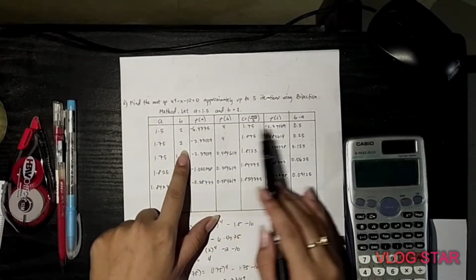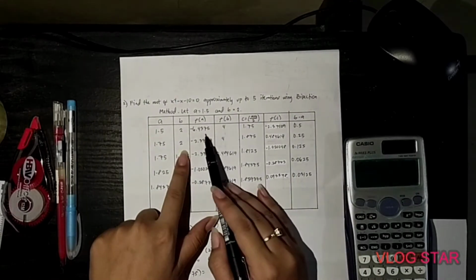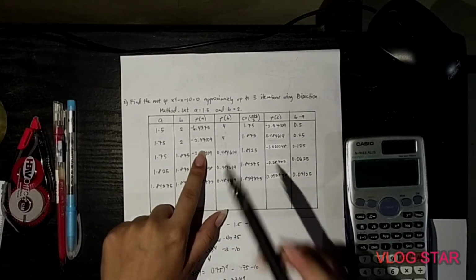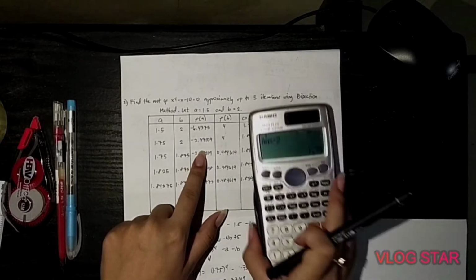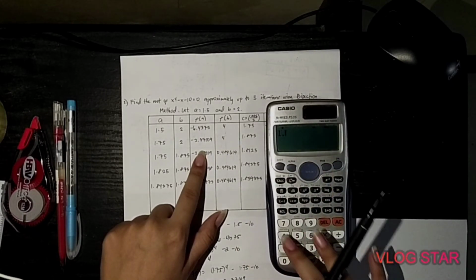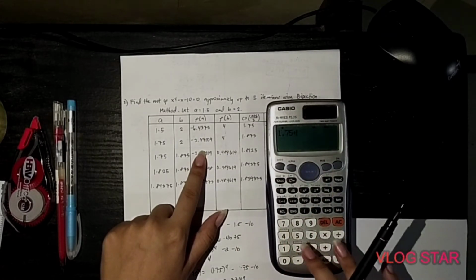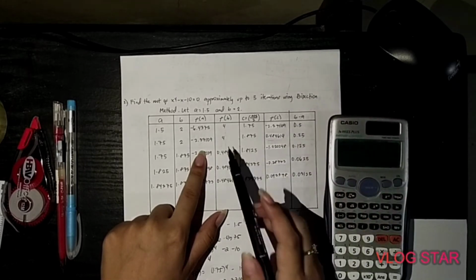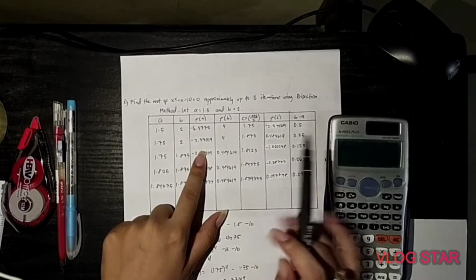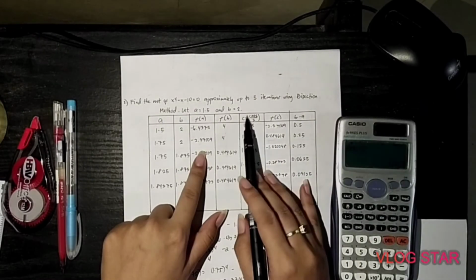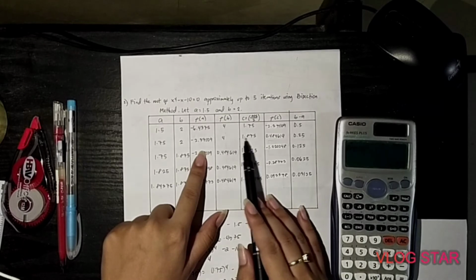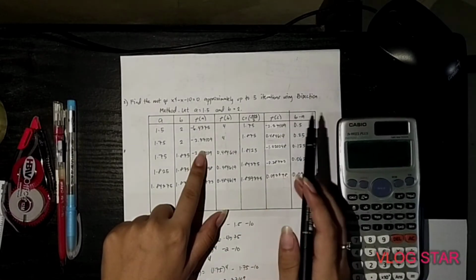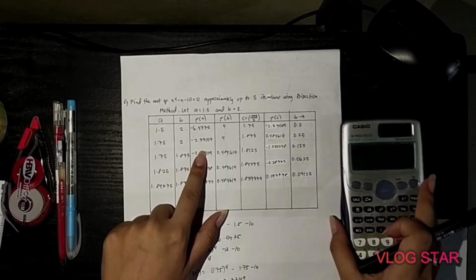And f of a will now be the value of f of c, and b will remain the same, and the c will change because we're going to add the value of 1.75 plus 2 divided by 2. So we'll get 1.875, and you're going to substitute this 1.875 to the x value of the function, and you're going to get this.